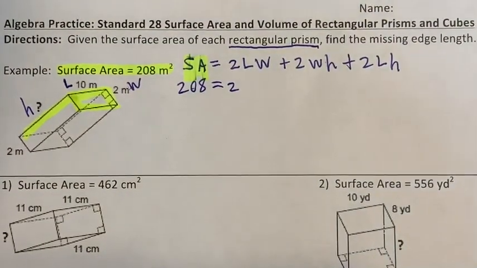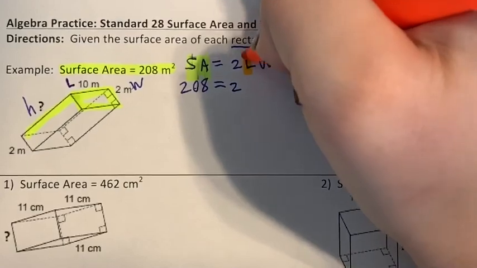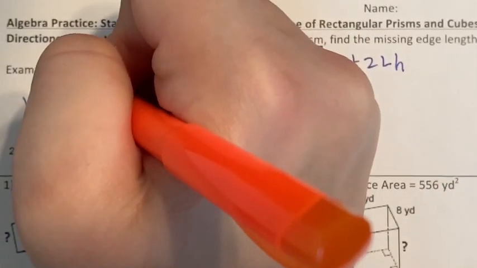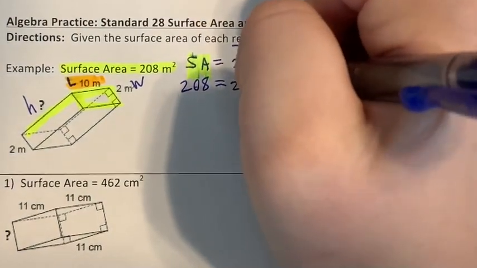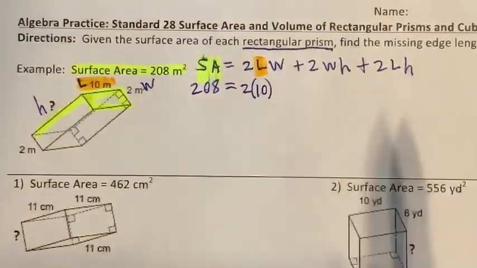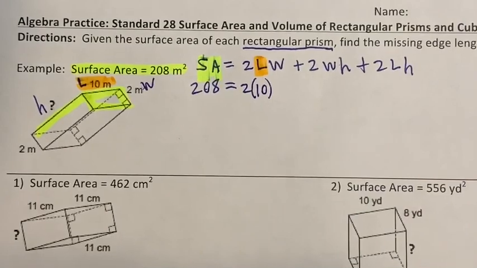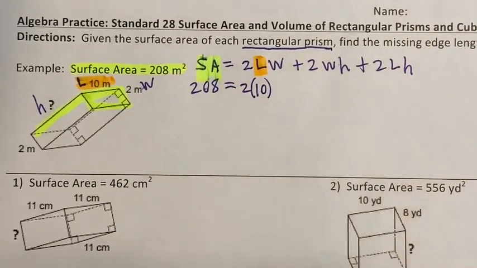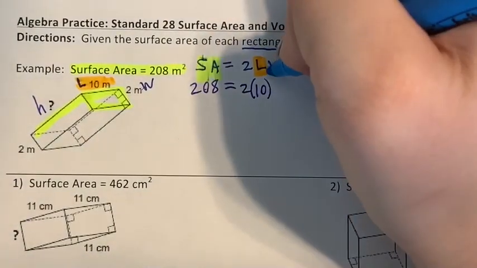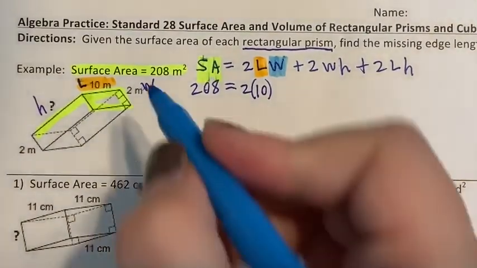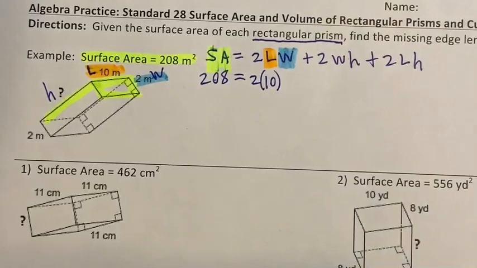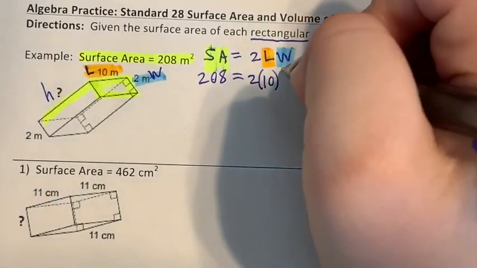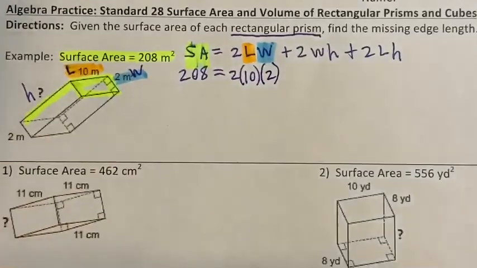And if I refer to my figure, I labeled my length as the 10 meters here. So I'm going to plug in 10 anywhere where I labeled length times my width right here. And if I refer to my figure, I labeled my width as the 2 meters, meaning I'm going to plug in 2 anywhere where I see a W in my formula.